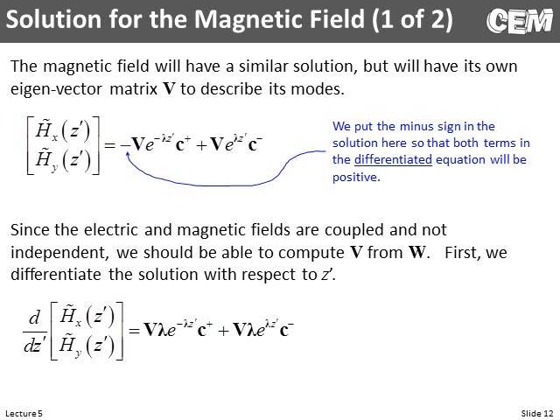But the reason I do that is I eventually want to calculate the eigenvector matrix for H, which are the V's, from the eigenvector matrix of the E fields, which is W. And so in order to relate the two, we're going to take the derivative of this, and since we have a negative sign sitting up here, that will cancel this, and we'll end up with a derivative that is all positive. This will make it much easier to compare to the electric field solution so that we can perform this calculation. So we're allowed to put the negative sign there, and we did it for convenience.